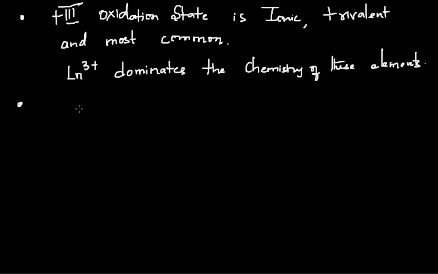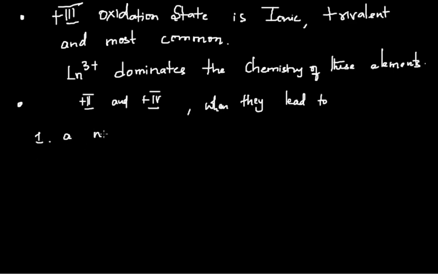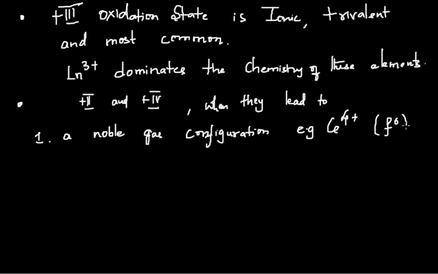Second, oxidation states plus 2 and plus 4 do occur, particularly when they lead to one noble gas configuration. Example, if you take cerium 4+, the configuration is f0, so it's a noble gas configuration.